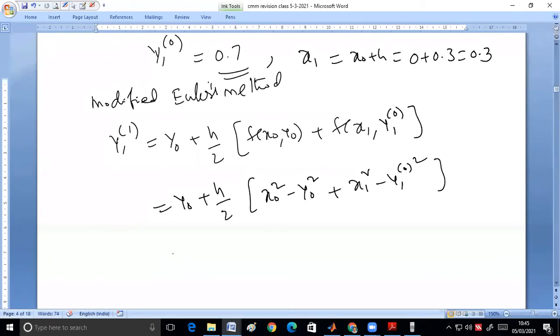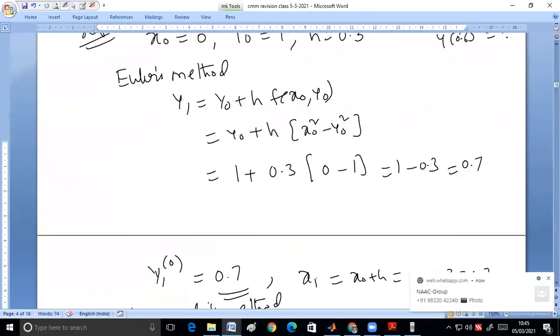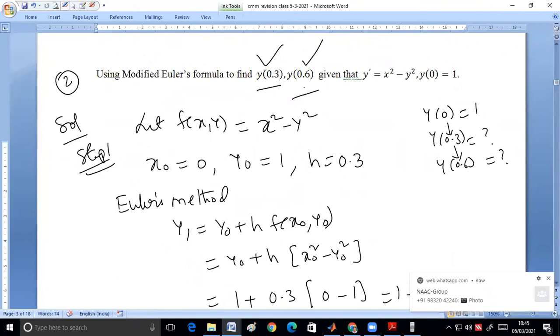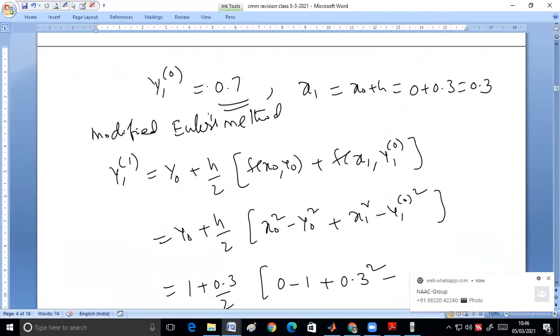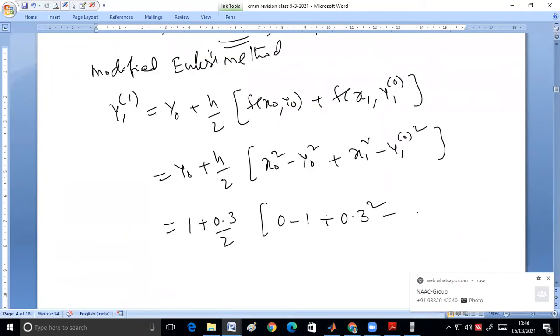Now substitute all these values. y naught is given, y naught equals 1. 1 plus 0.3 by 2, x naught value is 0 minus y naught value 1, plus x1 value 0.3 square, minus y1 initial approximation 0.7 whole square. Just find the value using the calculator.